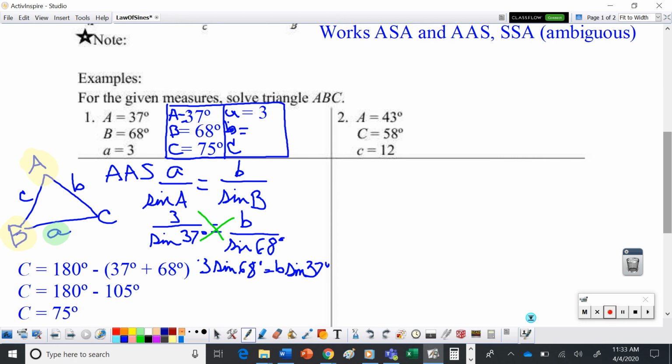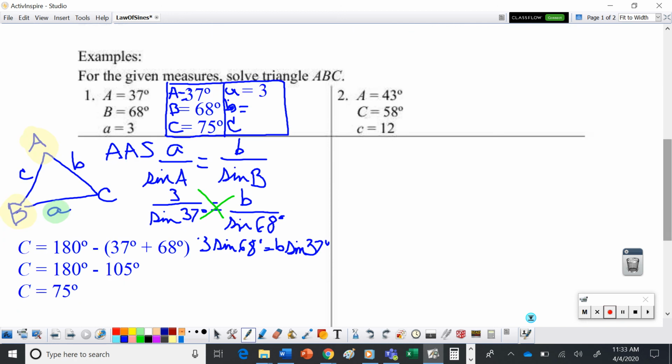Now we want to get that B all the way by itself, totally isolated. So what we need to do is divide both sides by the sine of 37 degrees. Over here, those sines cancel, and B is all by itself.